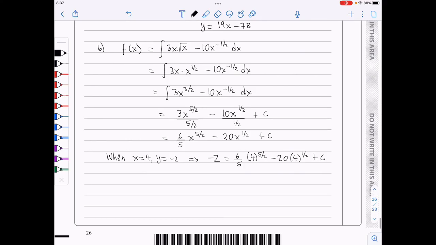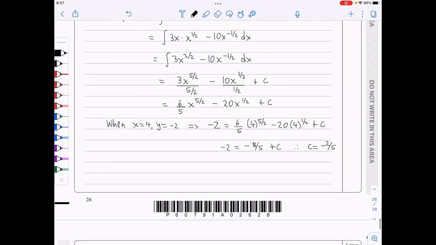This leads to minus 2 is minus 8 over 5 plus c, and therefore c is minus 2 over 5. The only thing that's missing is for me to write out the full equation. f of x is 6 over 5 x to the 5 over 2 minus 20x to the half minus 2 over 5 to complete the answer.